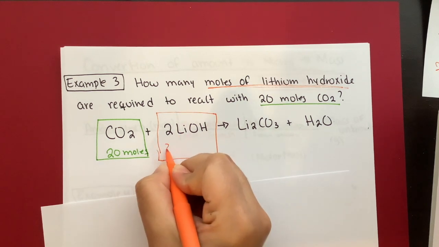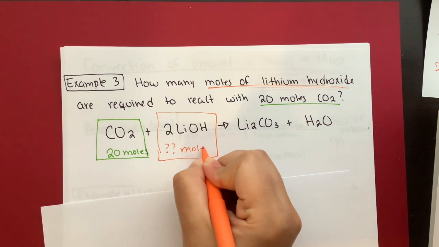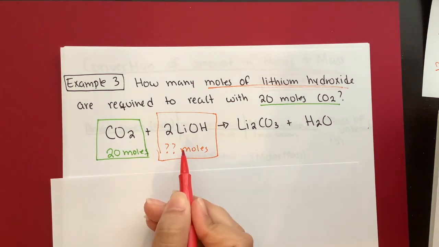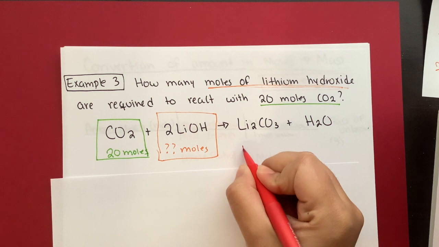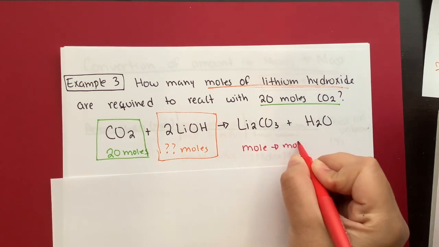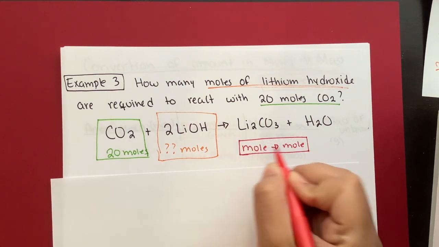So this one, they're asking question mark, for moles. Okay, so in this question, they are giving me the information in moles, and they're asking me to go to moles. So this is a moles to moles question.